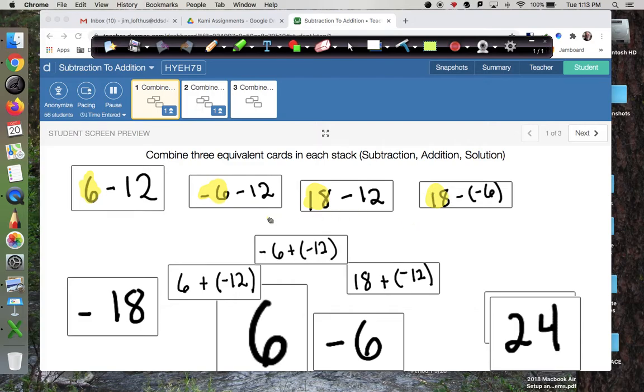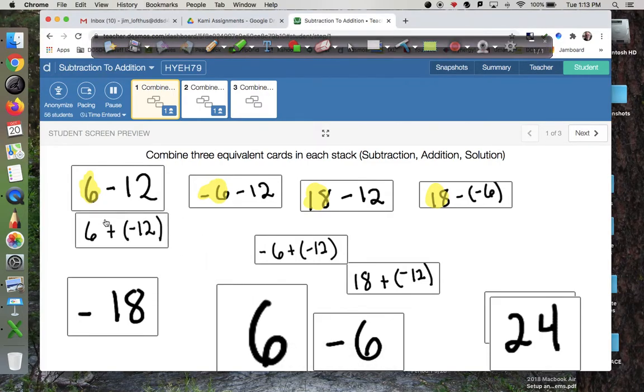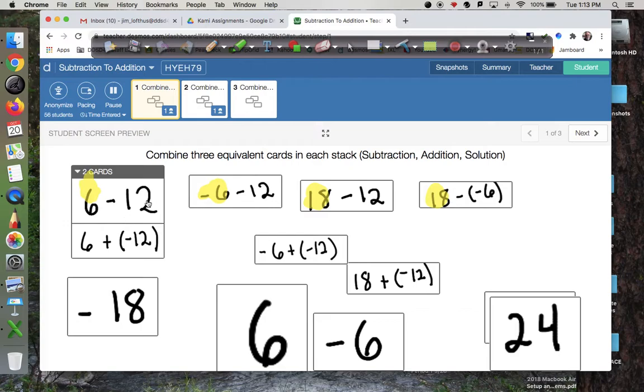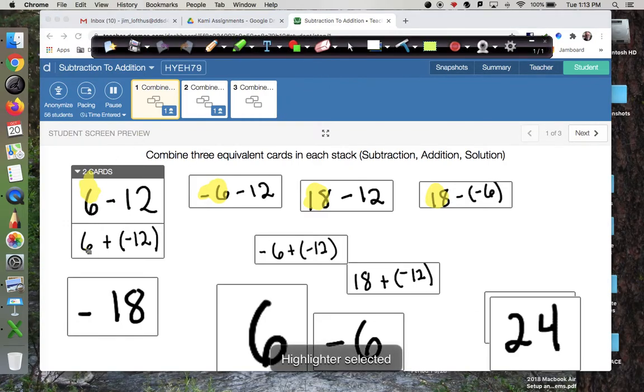So when I go to find the problems that match up, that has to be the same. So that 6, I'm just looking at it, is the same as that 6. So let me go like this. So that matched up. So the first number cannot change when I'm trying to find the matching addition problem.